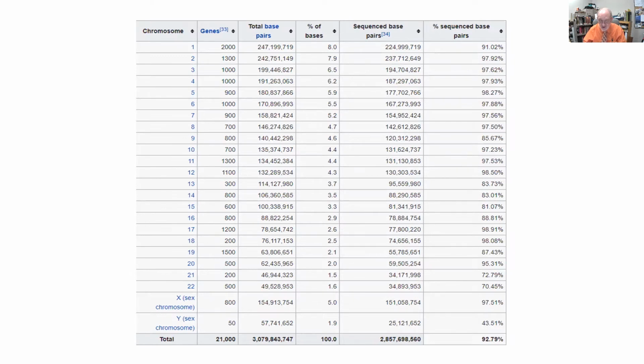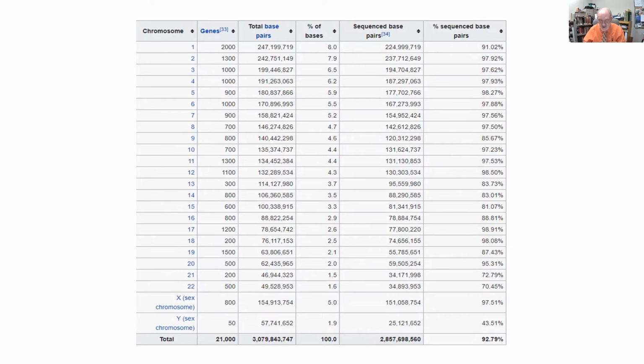Note that the autosomal chromosomes, that's 1 through 22, in column 2, have several hundreds or thousands of genes, and the total base pairs are listed in the third column. The X chromosome has approximately 800 genes, and the Y chromosome has only about 50 genes.